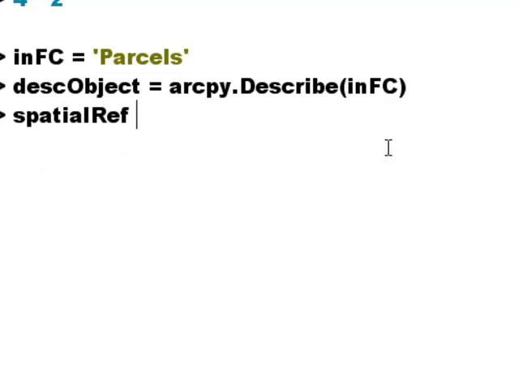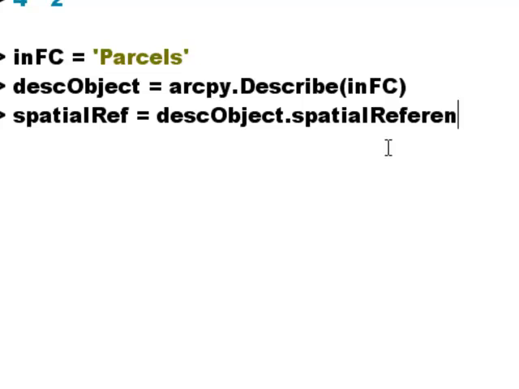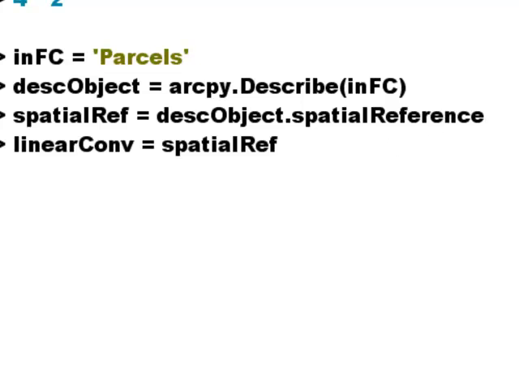So the spatial reference object variable is going to be equal to describe object dot spatialReference. Then we've got our spatial reference object, and one of the properties of the spatial reference object is dot metersPerUnit.